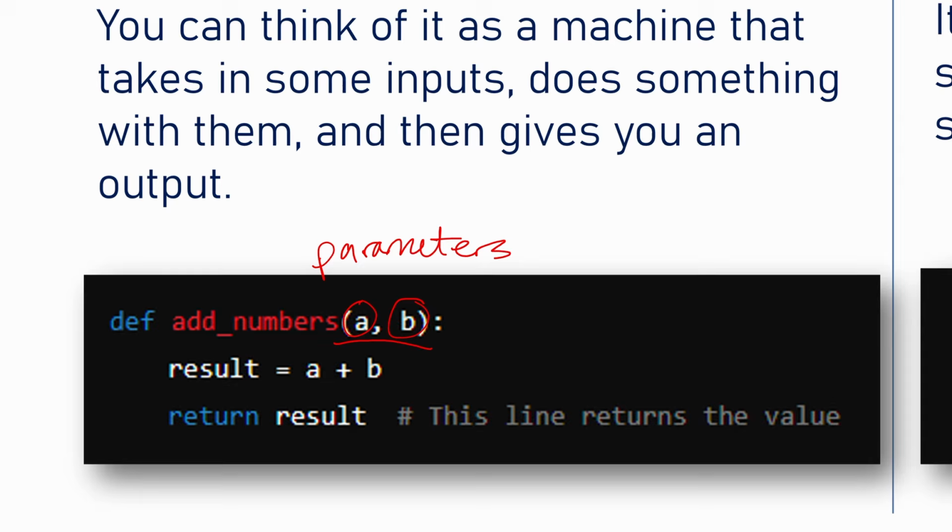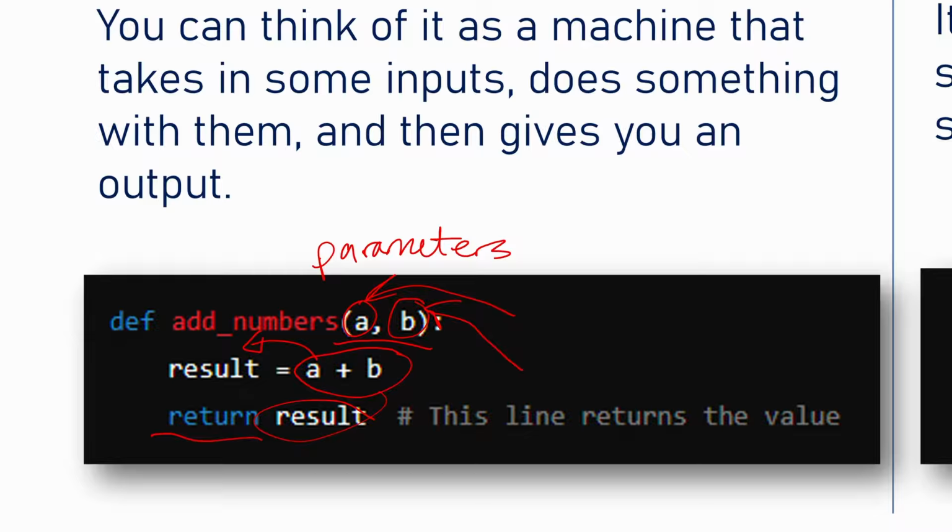So in this example, A and B are passed into the function. So 2 numbers, for example, it's going to add them together and it's going to store the answer in the variable result. The result variable is then returned, which means given back to the main program. So then we could either print this result or use this result in another function or in another formula, but the result itself is given back to the main program.